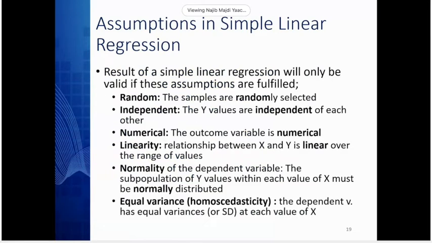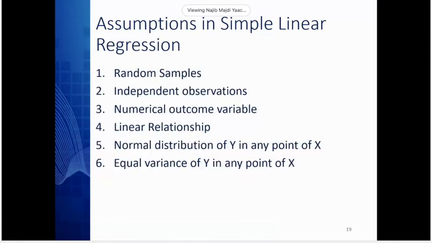Independence of observation: the decision whether all the measurements are independent of each other or not needs to be decided during design. And the scale of measurement of your outcome variable also needs to be decided during study design.